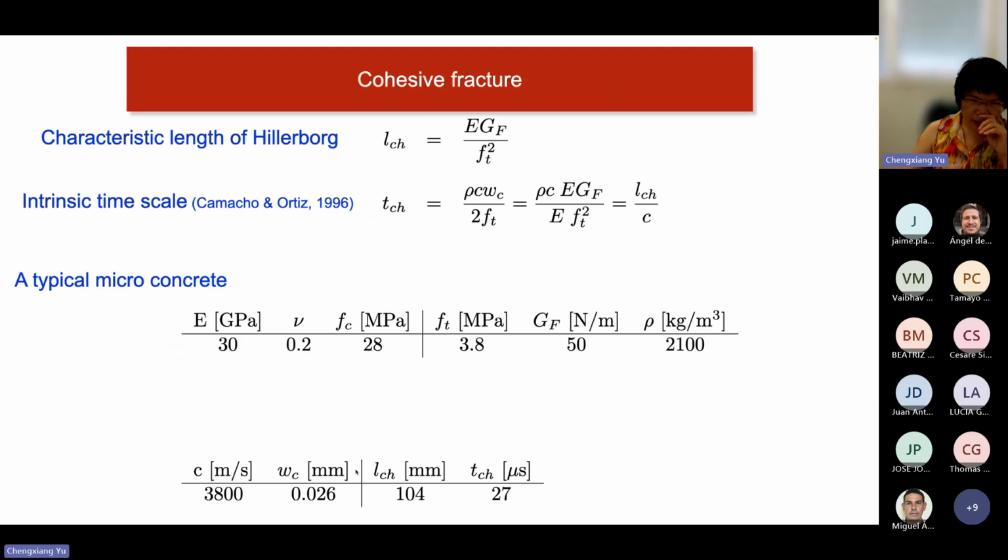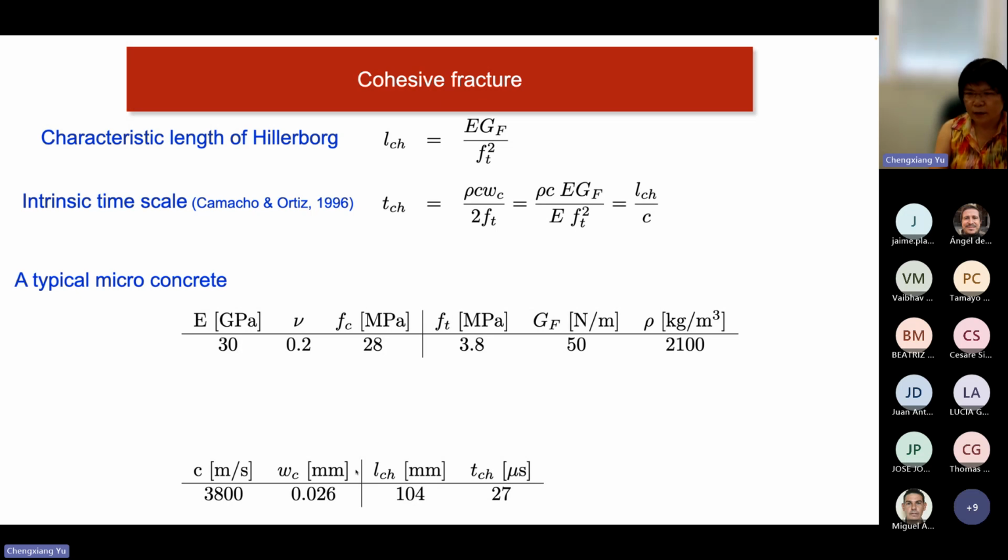I would like to emphasize two characteristics that come with the cohesive fracture. One is the characteristic length of Hillerborg, which Jaime has mentioned before also. It's just a combination of the material parameters: the elastic modulus, the fracture energy, and the tensile strength.